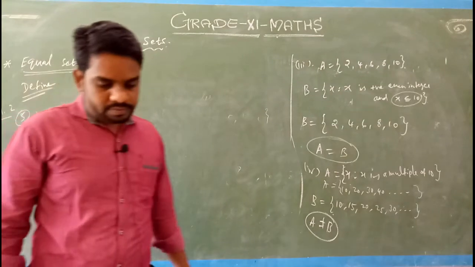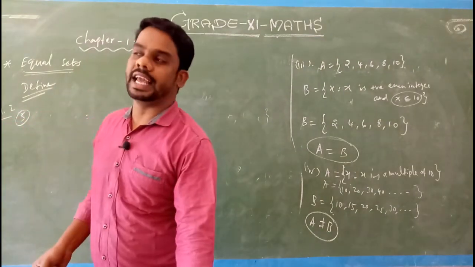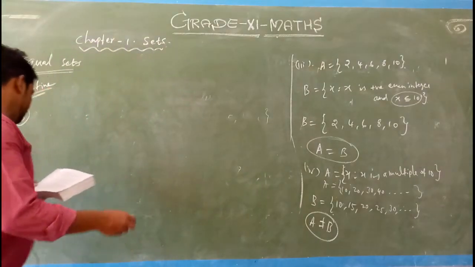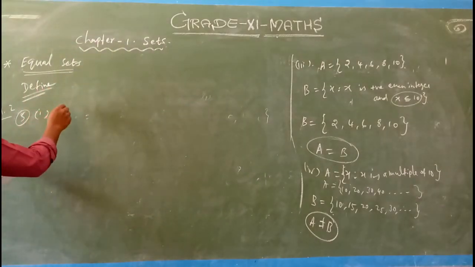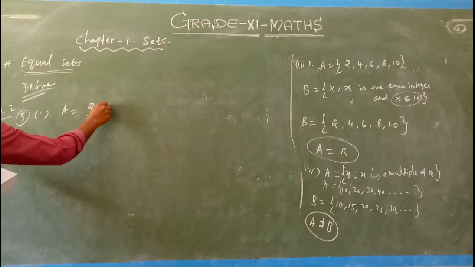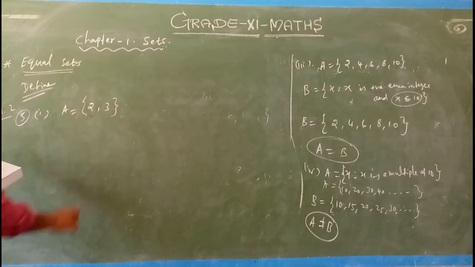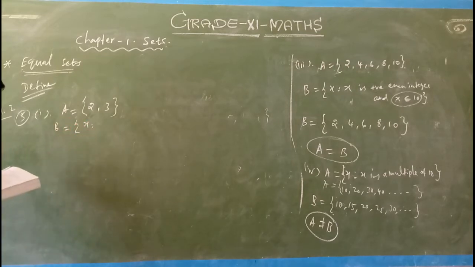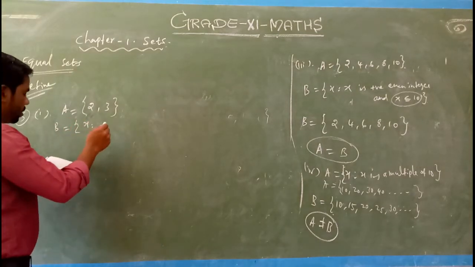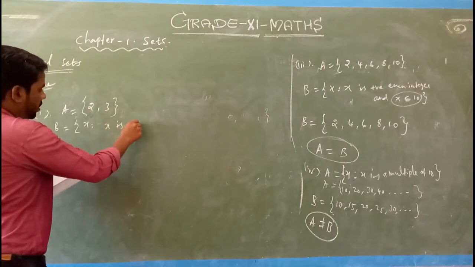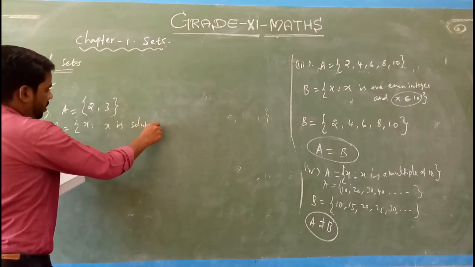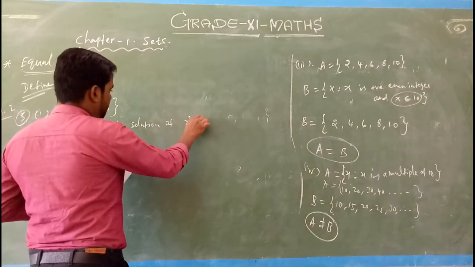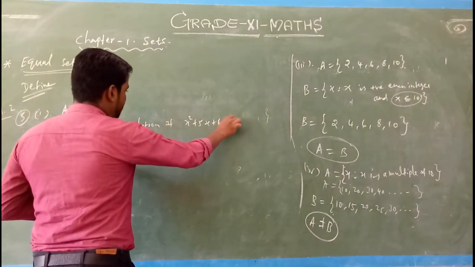So let's say, for the following pairs of sets, state whether they are equal or not, and give your reason. First question: A equal to {2, 3}, B equal to {x such that x is a solution of the quadratic equation x squared plus 5x plus 6 equal to 0}.